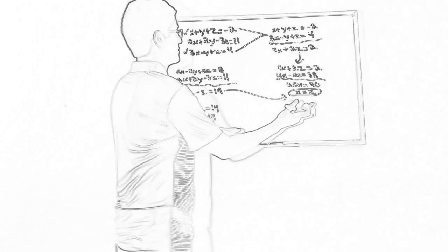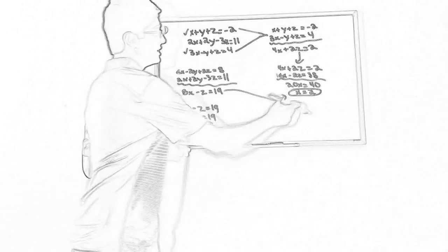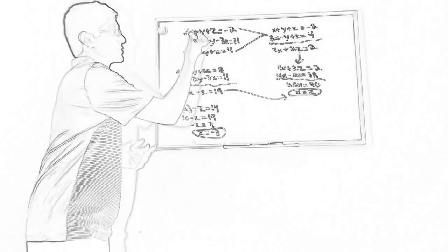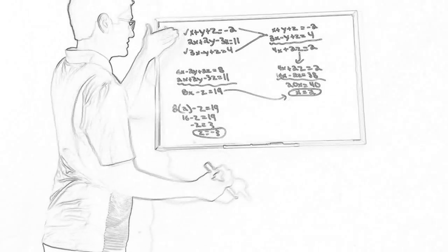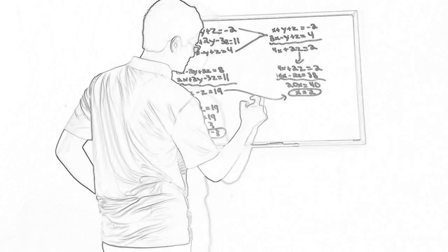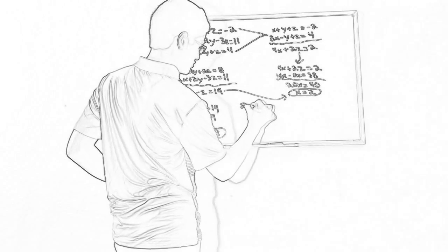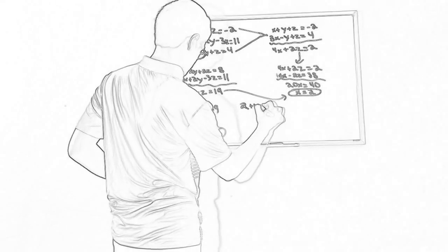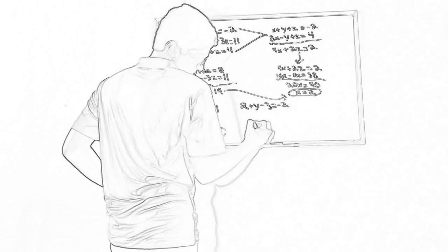Now once you have the value of two variables, you go back to one of your original equations and plug them in. Since the first equation is fairly simple, let's plug these two values into our first equation. And we'll get 2 plus y minus 3 equals negative 2.